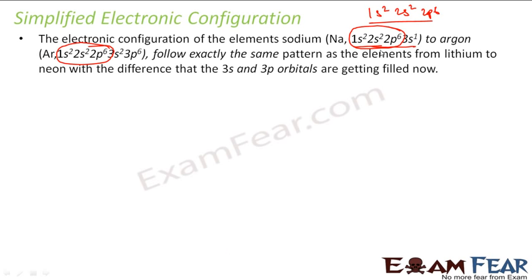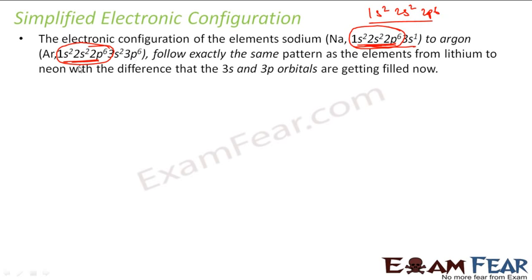Please note, this part is common to any of the elements from sodium to argon. You just write the electronic configuration and you will see that this part is common. They have exactly the same pattern. The only difference is that first 3s gets filled, and then after 3s, 3p gets filled, because there are 8 elements in that series.